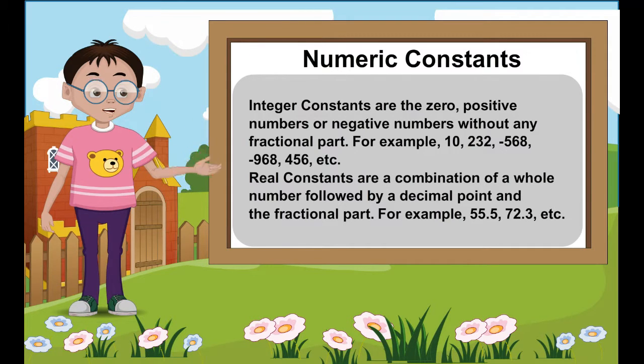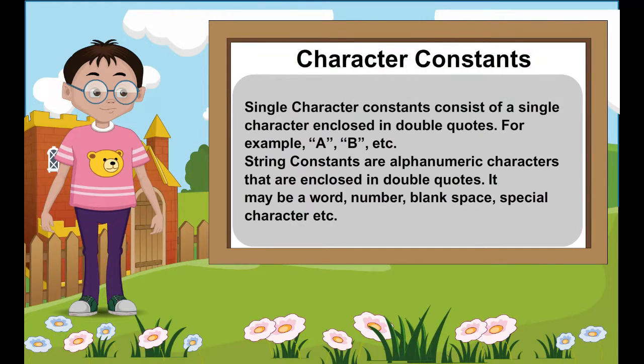For example, 10, 232, -568, -968, 456, etc. Real constants are a combination of a whole number followed by a decimal point and the fractional part. For example, 55.5, 72.3, etc.